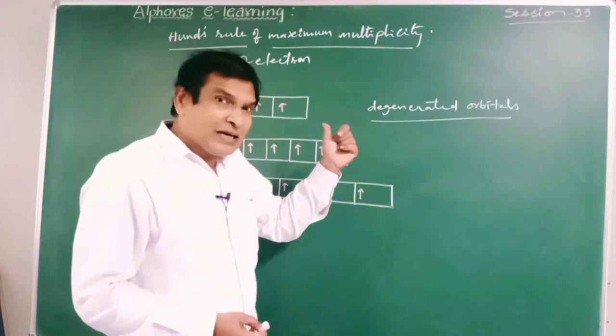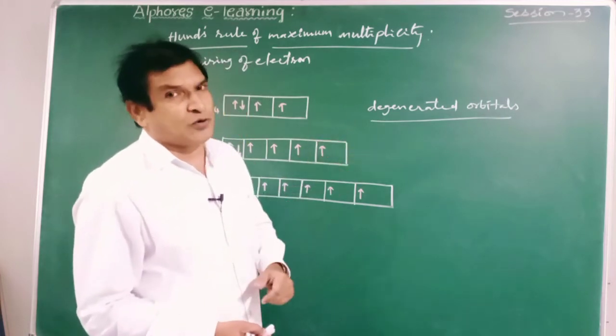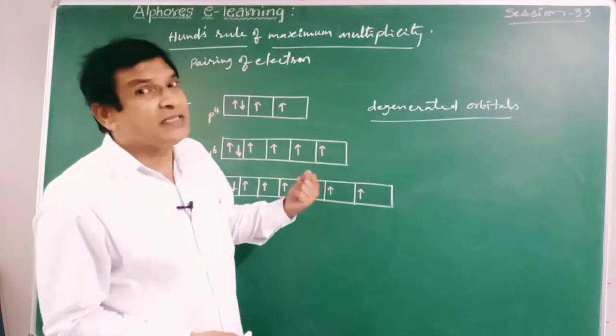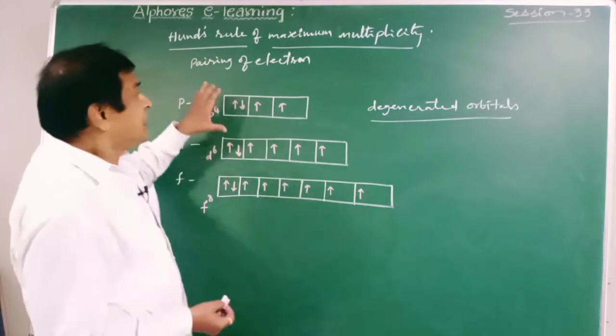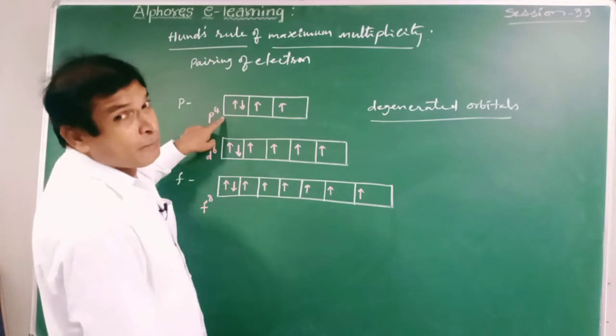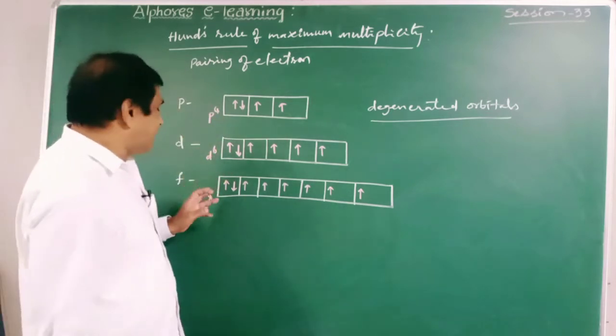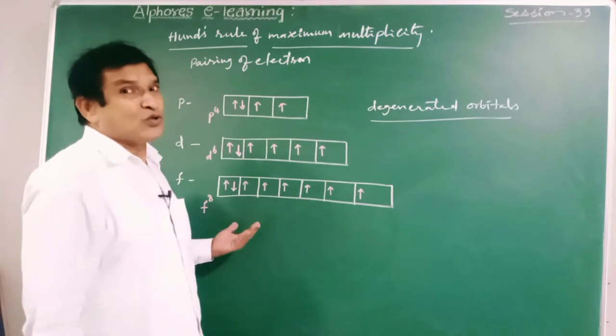The pairing takes place with an anti-parallel spin electron. In p orbitals, the 4th electron starts pairing. In d orbitals, the 6th electron starts pairing, and in f orbitals, the 8th electron starts pairing.